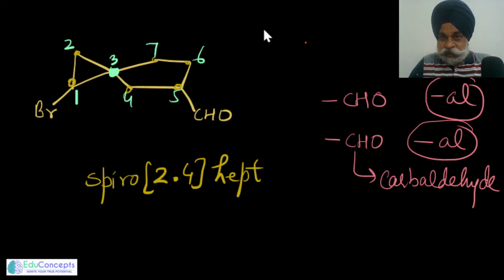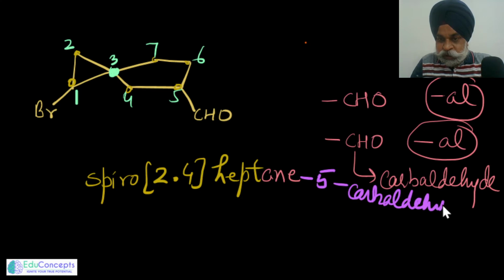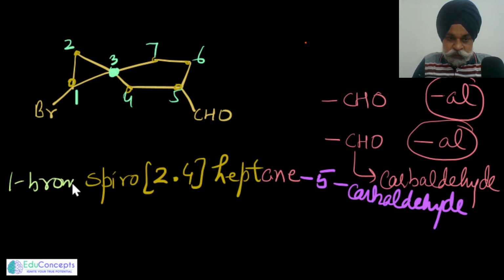Hept means there are 7 carbon atoms and there is no double or triple bond, so it is ane, heptane, and lastly you would also write 5-carbaldehyde. What else we are left with is the presence of bromo, that is 1-bromo, which is to be treated as a prefix. So this is the name of this particular compound.